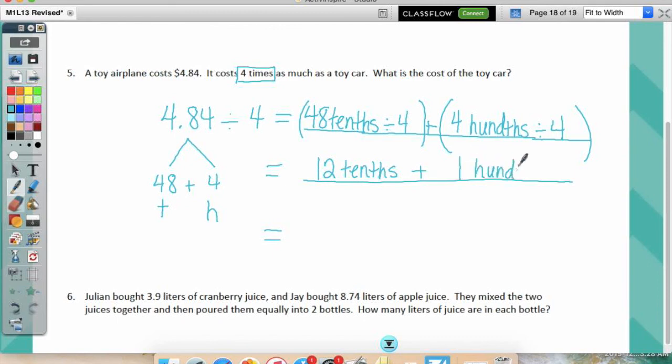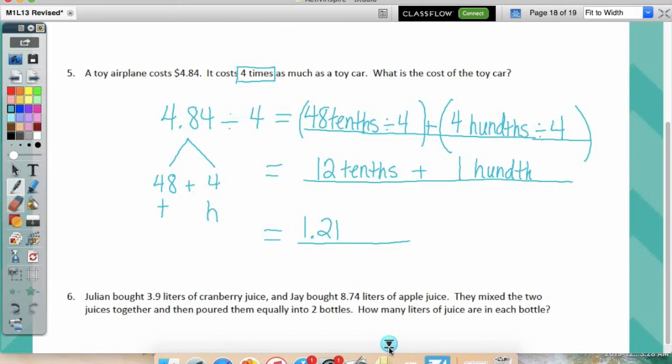Good job. So we've got 12 tenths and 1 hundredth. Who thinks they know how to write that? Think about it carefully. Jesus? 1.2. 1.21. You got it. Excellent.